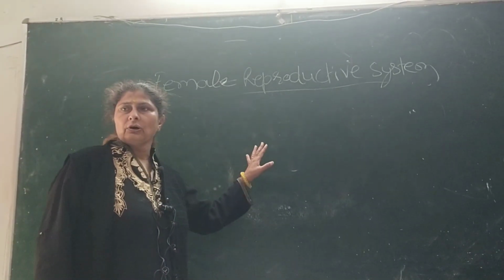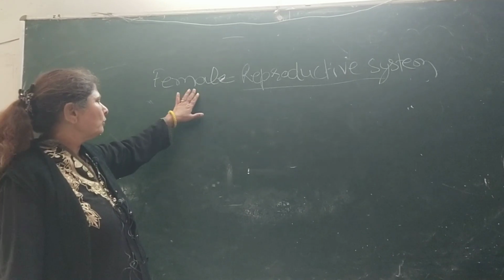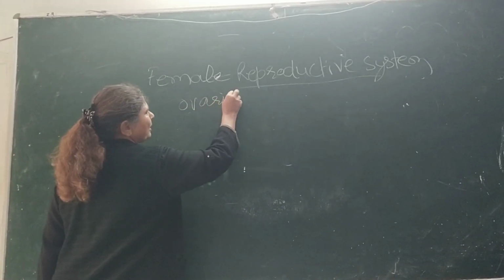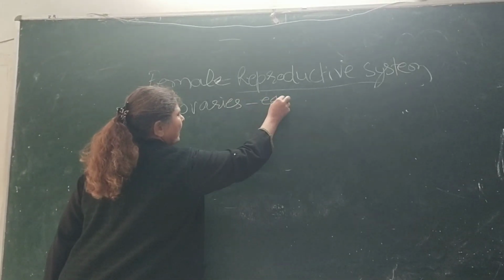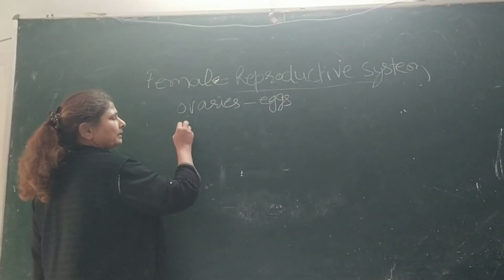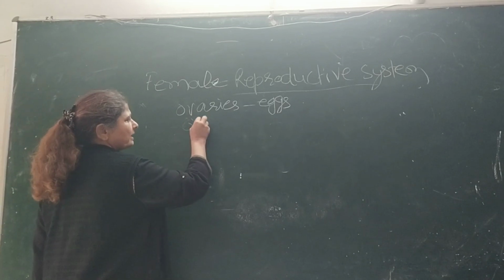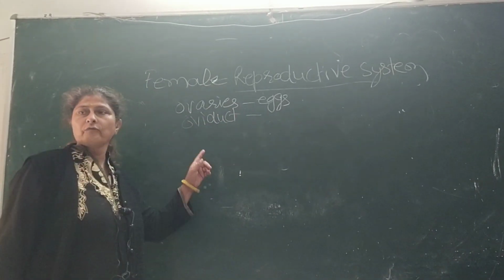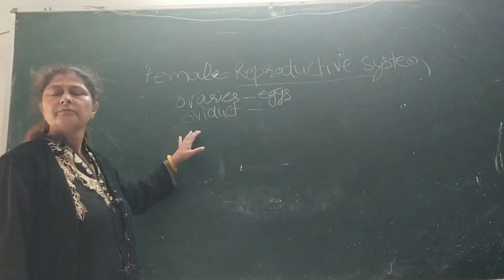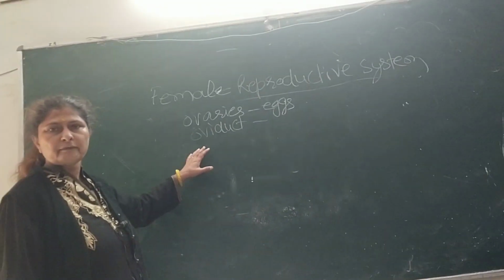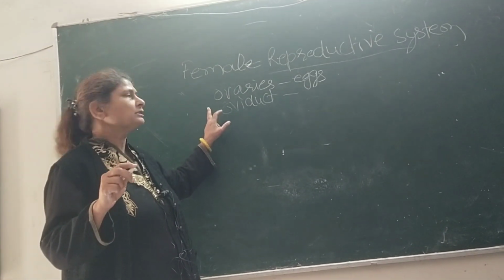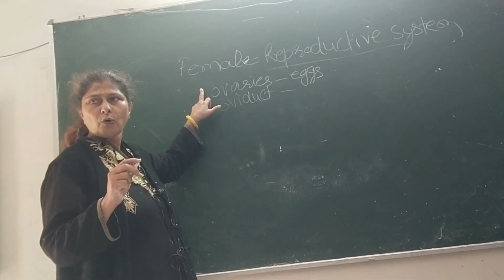Clear, children? Then now we will do, first part is ovaries, a very important part which forms the eggs. Second part is from the ovaries arise the ducts, which are called the oviducts. The function of the oviduct is to carry the eggs produced by the ovaries.